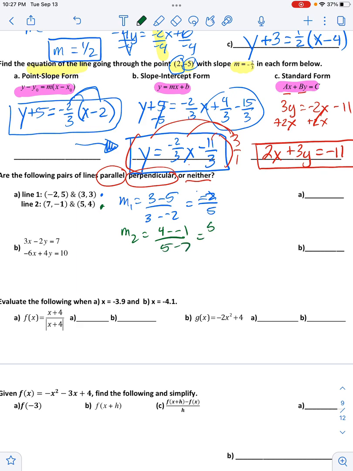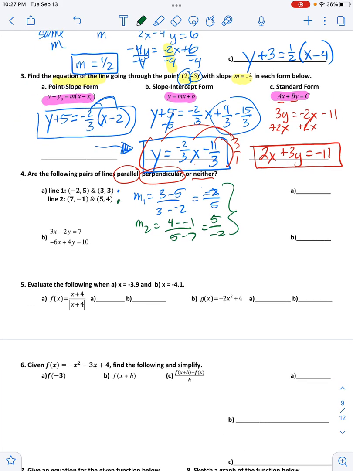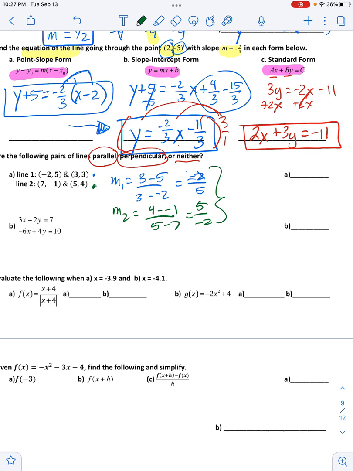So I end up with 5 over negative 2. So these are obviously not the same. They are reciprocals, meaning they've been flipped over, but they're not opposites. They're both negative. So it doesn't meet the criteria for perpendicular or for parallel, therefore it's neither.